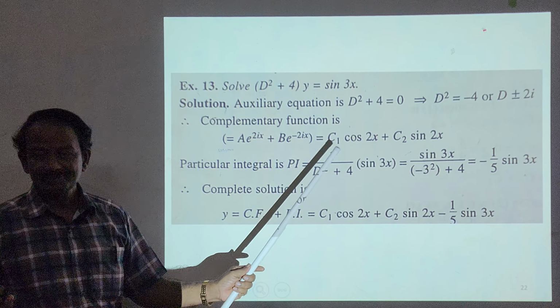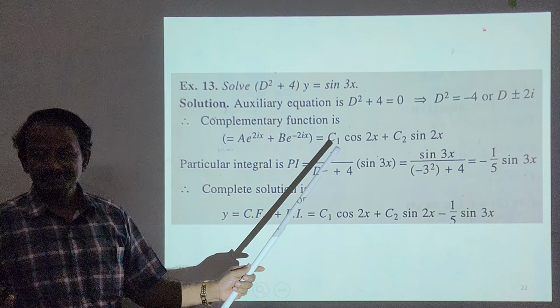See, polynomial. Earlier we did e power x, e power 2x. The next problem was solved with a trigonometry function. The third one involves polynomial. Now d squared y by dx squared plus 4 dy by dx plus 4y equals x squared. The auxiliary equation is d squared plus 4d plus 4 equals 0.